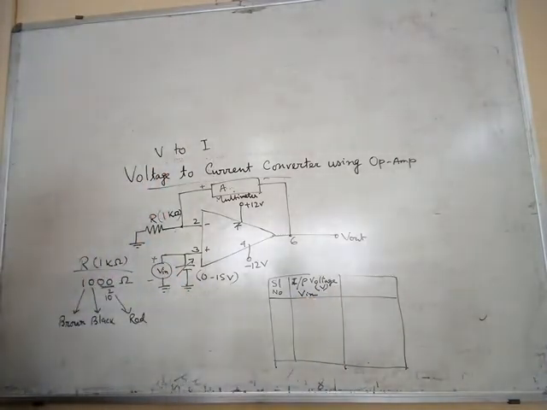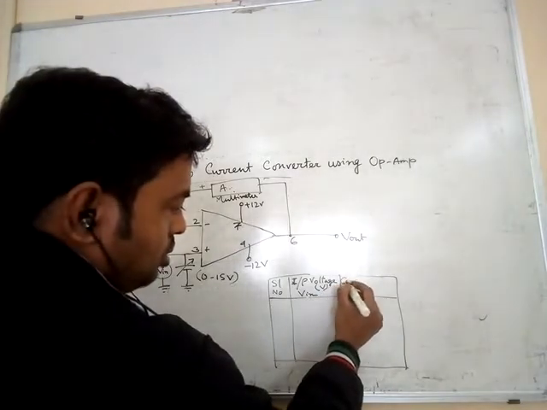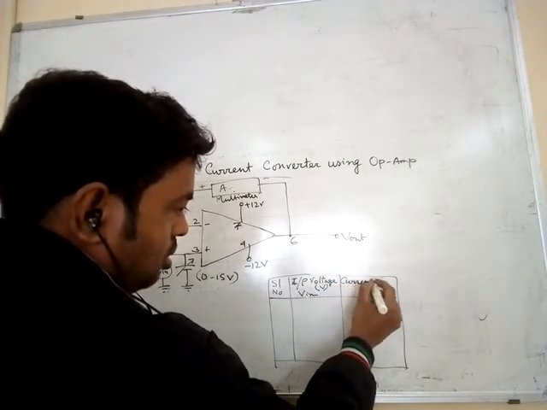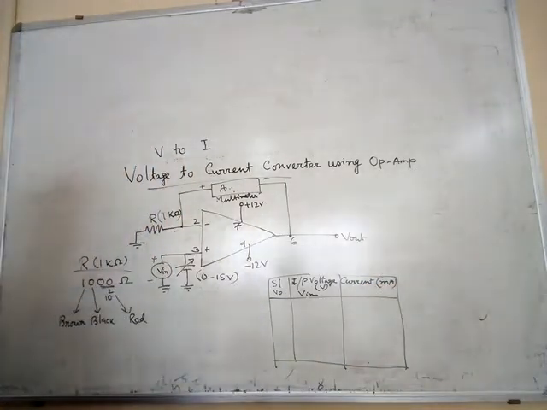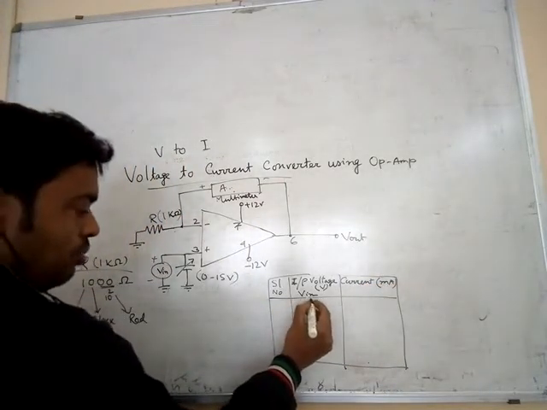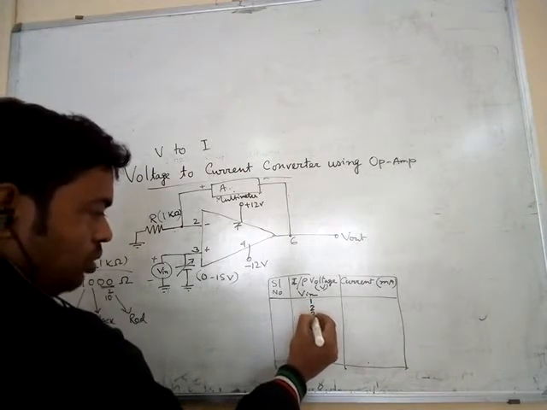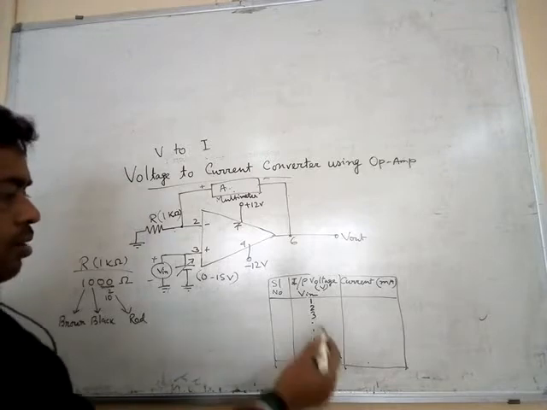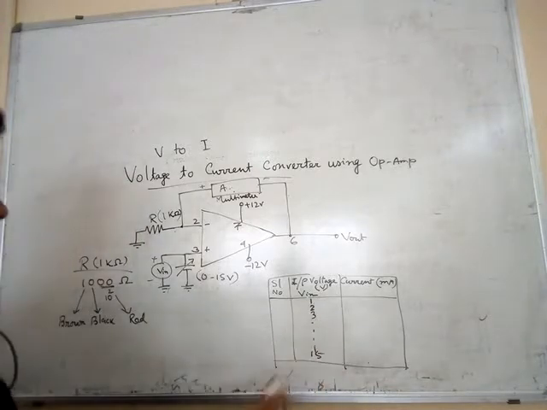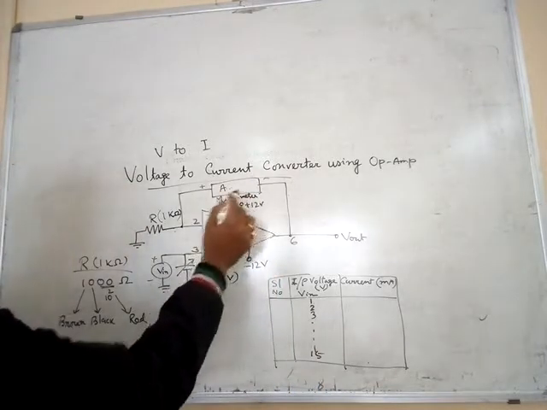And next current, in milliamps, you get current from milliamps. So we have to start from 1, 2, 3 up to suppose 15 volt, and according to the voltage we get the current from the multimeter, this one.